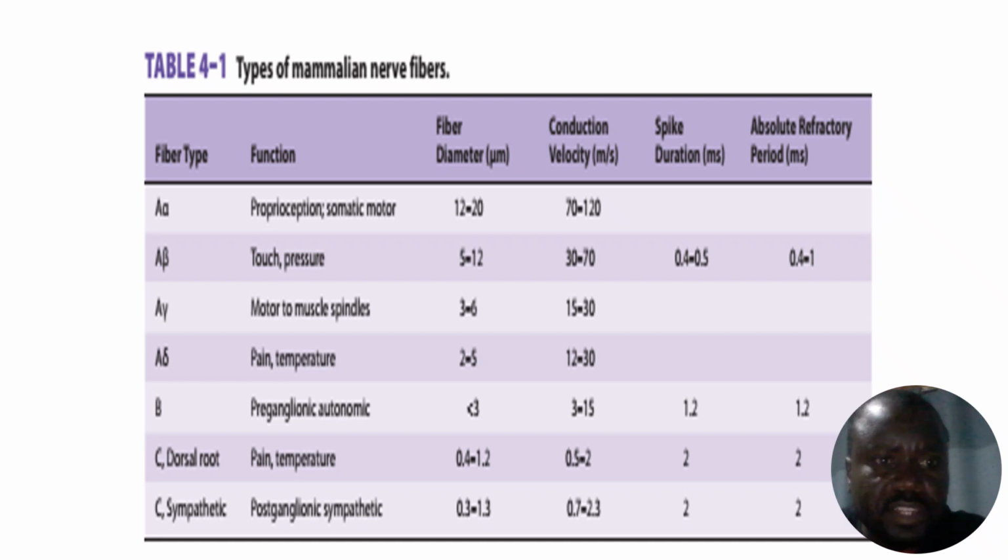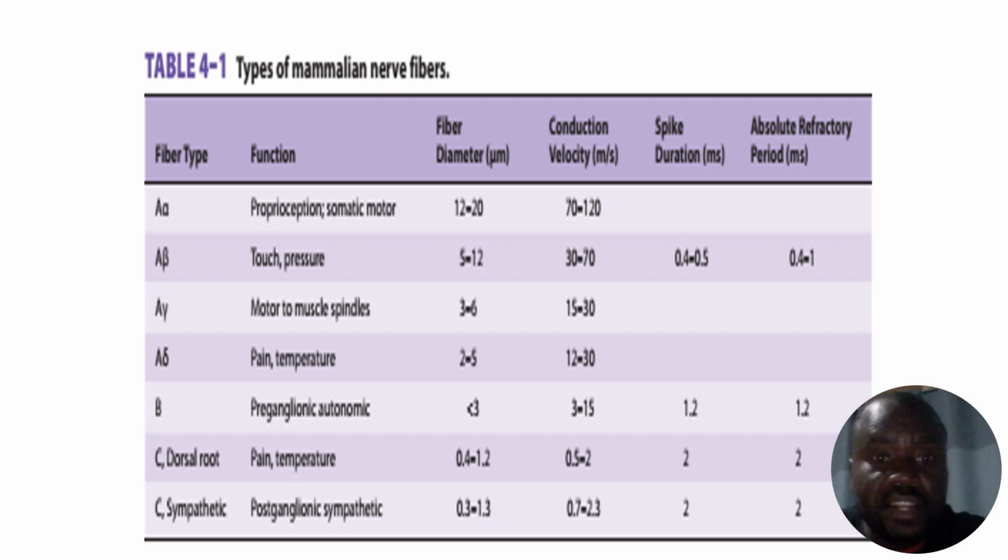So you find that type A, as an example, are those that carry sense information about position in space, that is proprioception. And in terms of diameter, you notice it's 12 to 20 micrometers. If you compare going down the column, compared to the C fibers, they are way larger, because the C fibers are 0.3 to 1.3 micrometers.